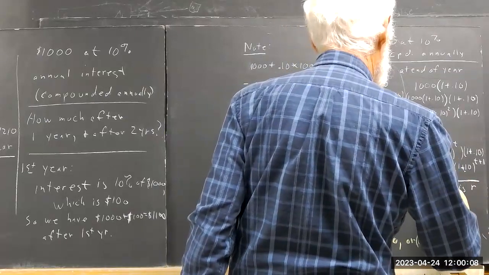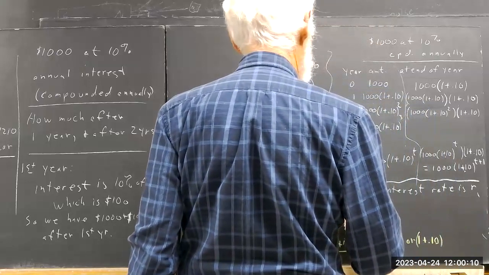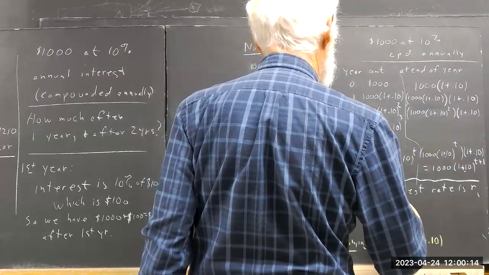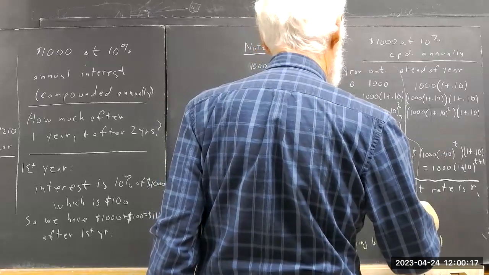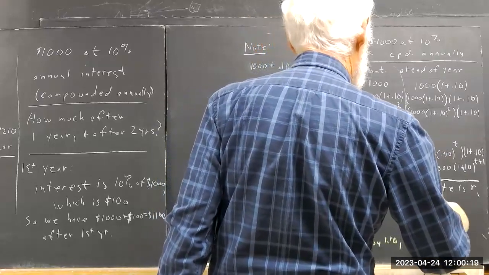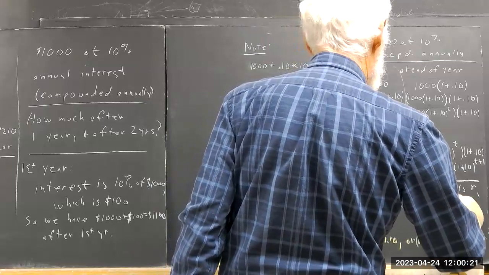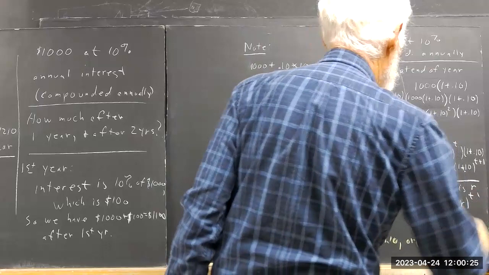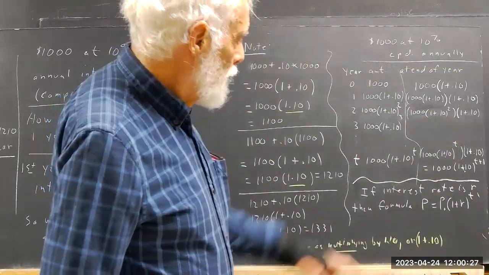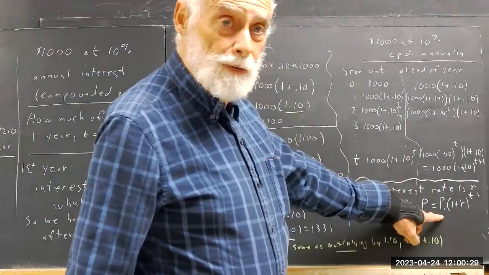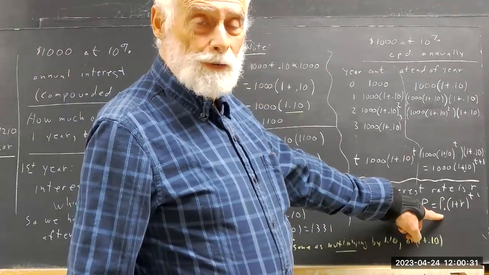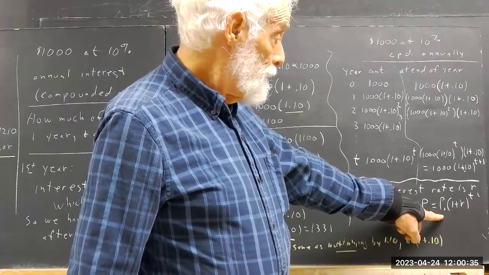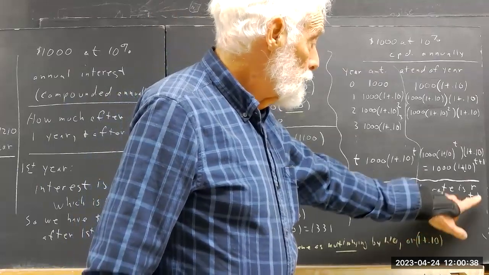If the interest rate is R, then here's our formula: P equals P sub 0, where P sub 0 is taking the place of our 1,000, it's whatever number we start with, times 1 plus R raised to the T.